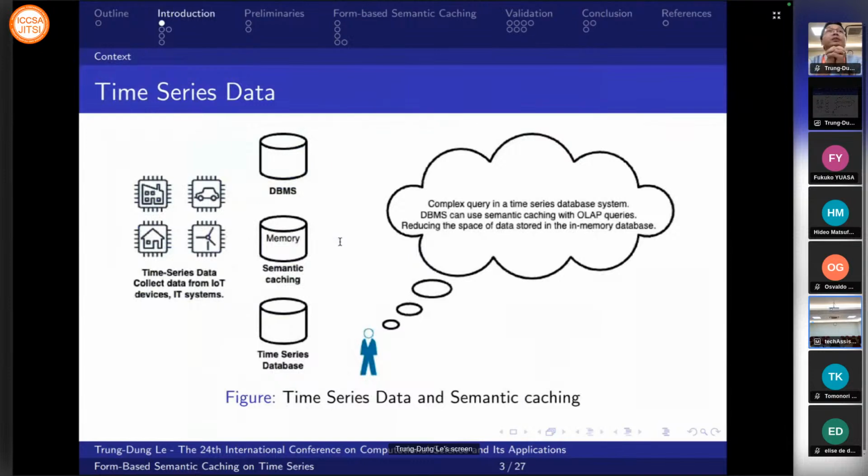First, in this context, time series data is collected from many sensors, IoT devices, and IT systems. We often use a time series database. It is very good for storing, but it has some problems with complicated or complex OLAP queries.